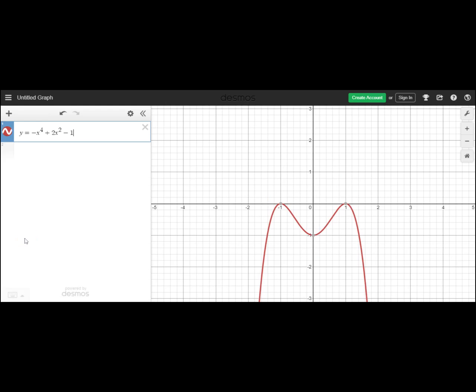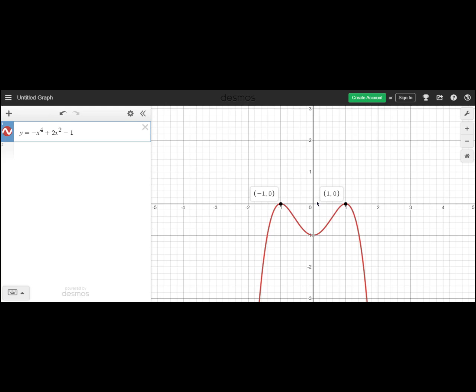And so you can see already we've got that shape that we were anticipating. There are 2 real zeros, it looks like. So we have 1 here and 1 here at -1, 0, and at 1, 0. So I'm going to write those down right now. 2 real zeros. One of them is at -1. The other is at +1. We have 2 relative maxima, and those actually happen to be where the zeros are.